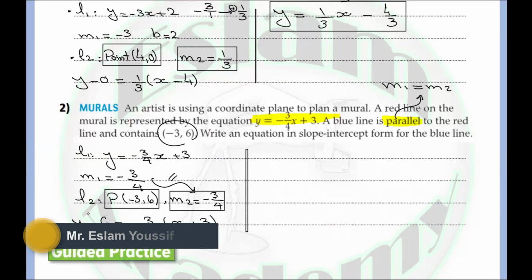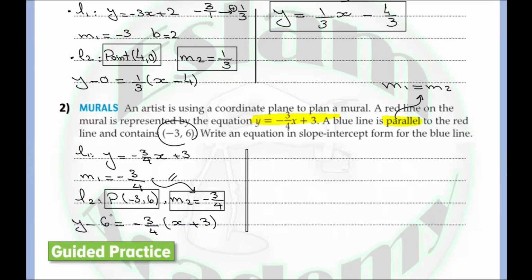Because we have minus 6, we shift it to the other side by adding 6. So y equals negative 3 over 4 times x, which is negative 3 over 4x, negative 3 over 4 times 3, which is negative 9 over 4, plus 6.